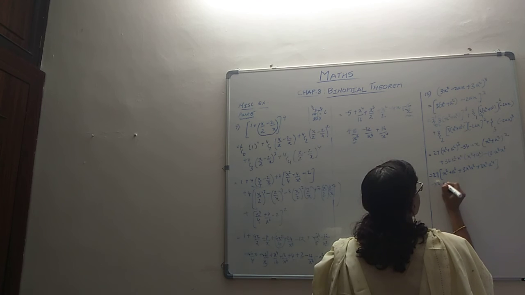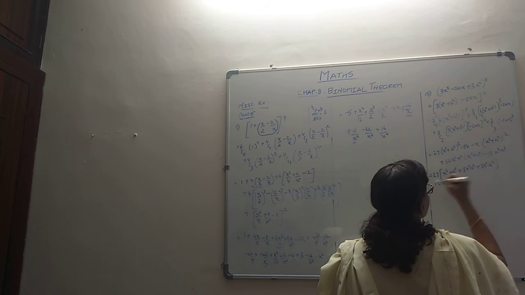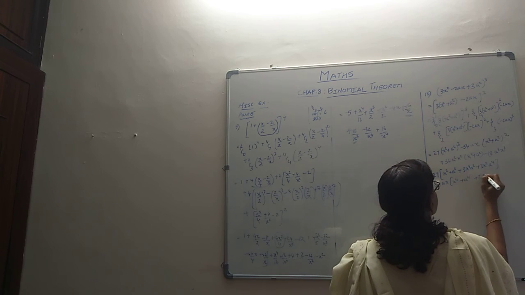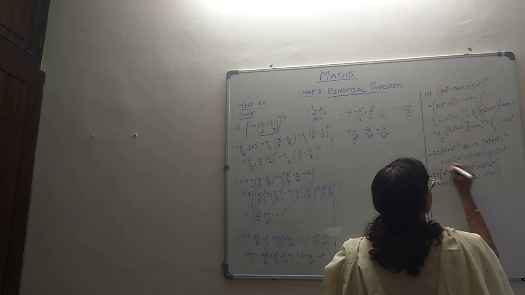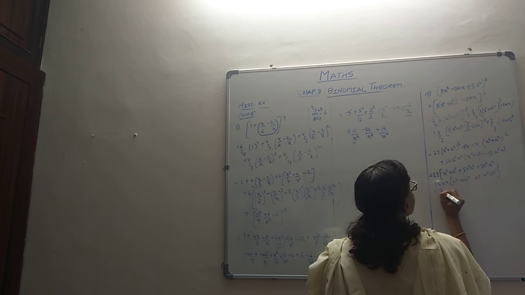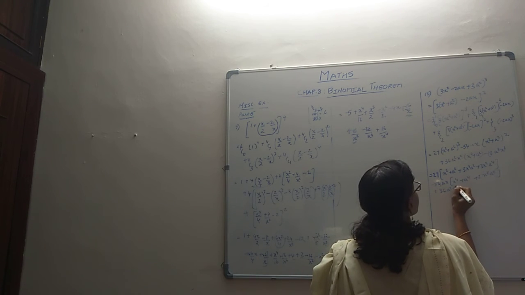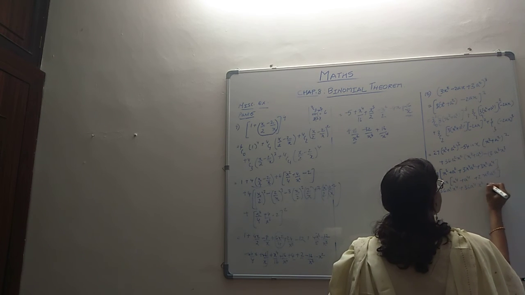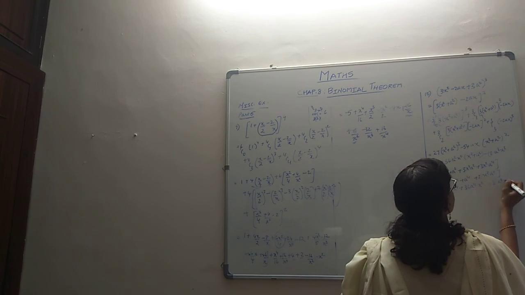Then we have to get this inside also: x raised to 4 plus a raised to 4 plus 2x squared a squared, and when it goes inside, it is 36 a squared x raised to 4. Next one, it is 36 a raised to 4 x squared, and the last term is 8 a cube x cube.